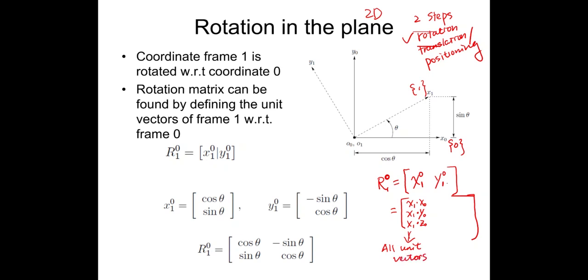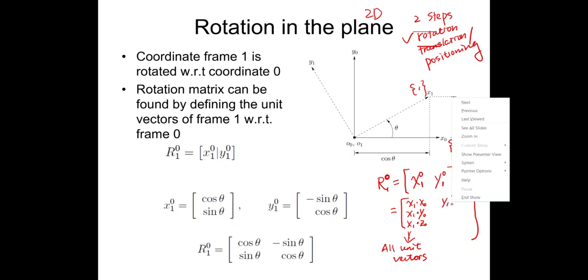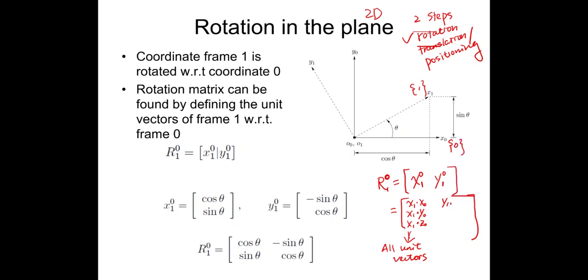Okay, and then we need to do y1 projection to the 0 frame. So we have y1 dot product. Again, dot product means projection. So we can write it as dot product, or we can write it as this type of formatting. So it's y1 projected to x0, y1 to y0, and y1 to z0, which we just talked about, right?